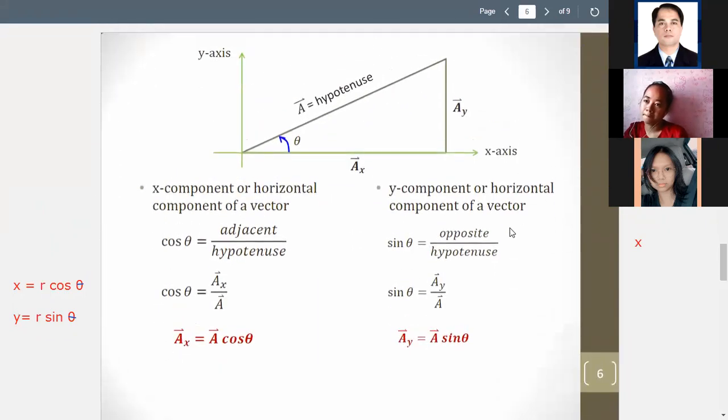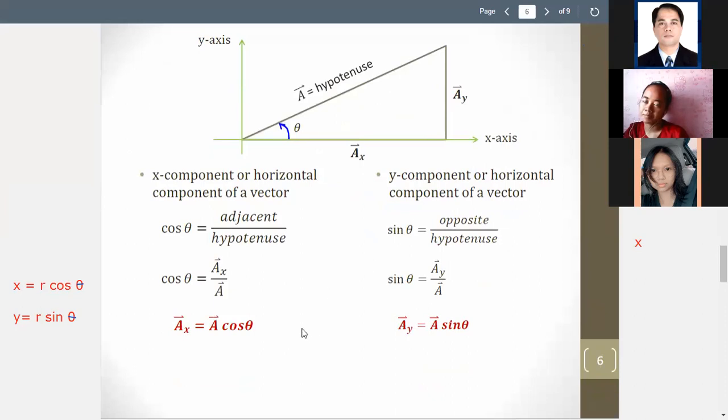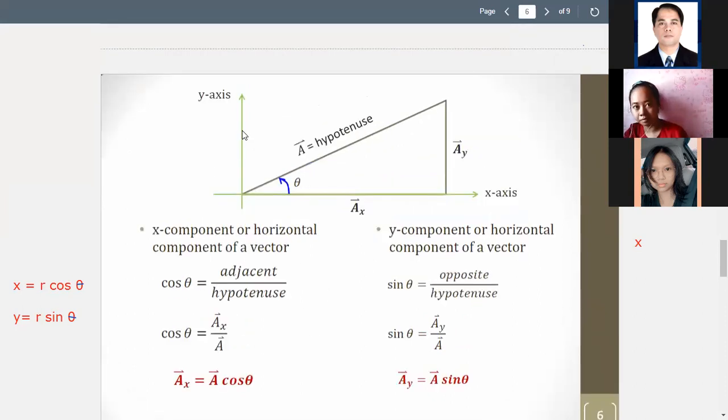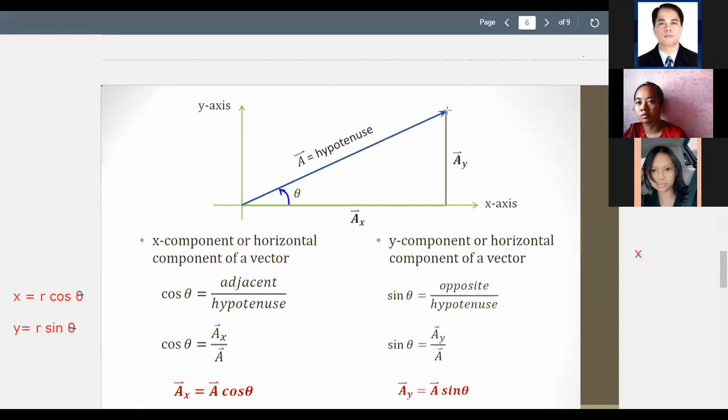Now, here is that equation. The only vector that we have here is given by this hypotenuse. Supposing the hypotenuse is this blue line, there would be two components that you will eventually find, AX and AY, determined by these two given equations.